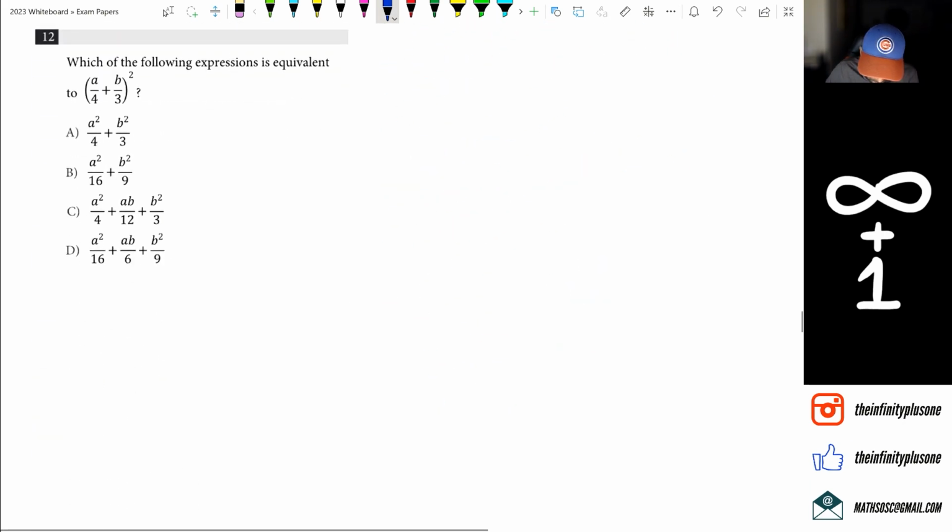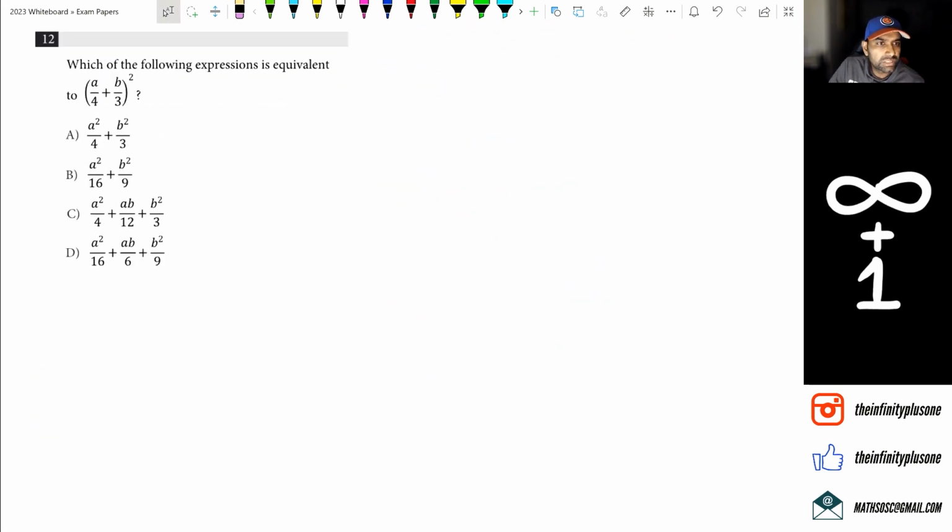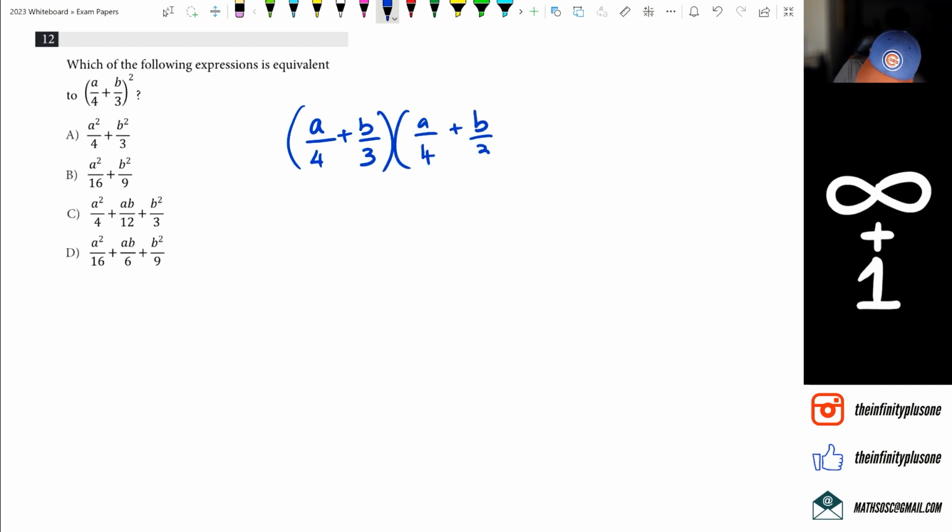Okay, going to 12. Which of these following equations is equivalent? Alright, I mean, just expand the brackets, guys. So we've got a over 4 plus b over 3 times a over 4 plus b over 3.